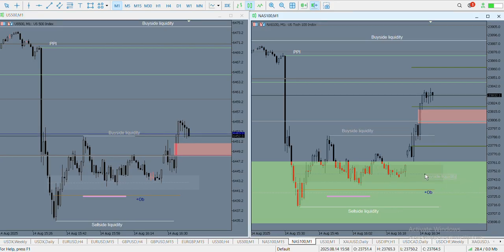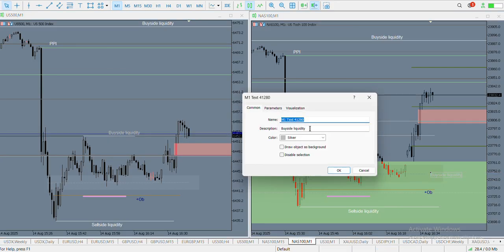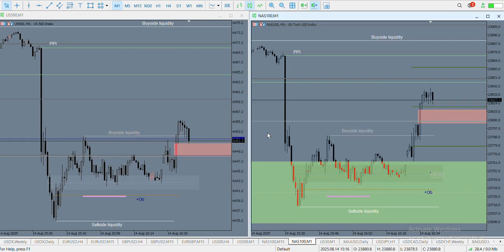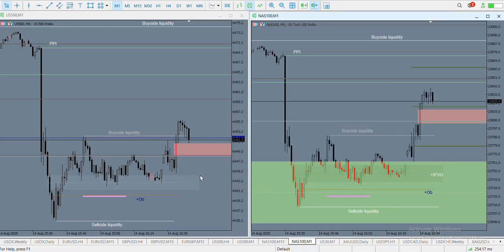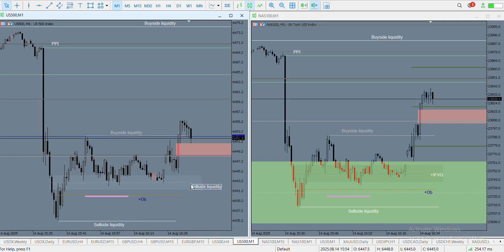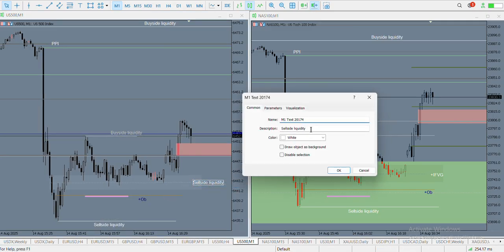Let me actually highlight these. This is a bullish inversion fair value gap. This is supposed to be in white. Okay, you can see the inversion fair value gap also in US 500. And this inversion fair value gap in US 500 is a classic inversion fair value gap.